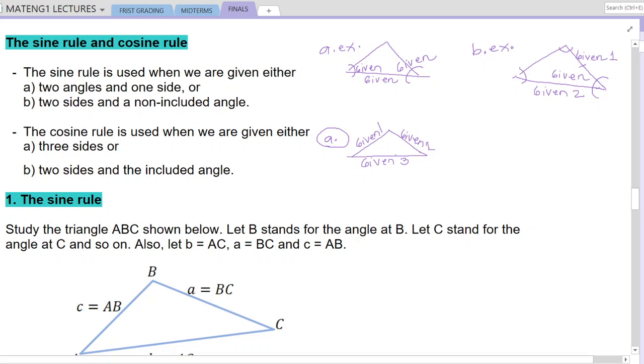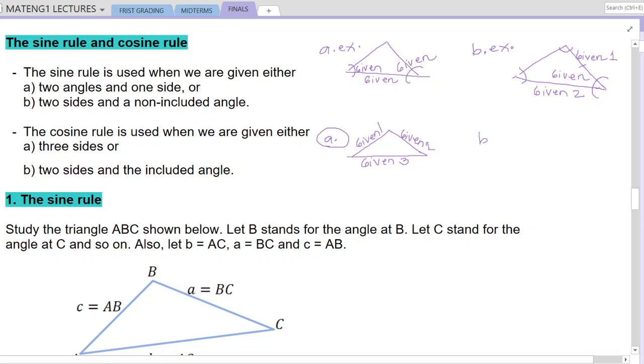We use the cosine rule. The sine rule and cosine rule are used in triangles that are obtuse or scalene, since scalene and obtuse triangles have no equal sides.